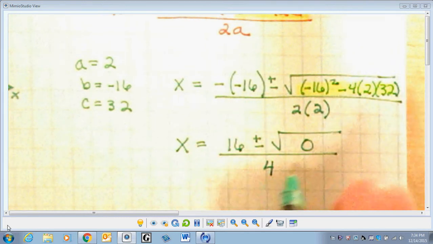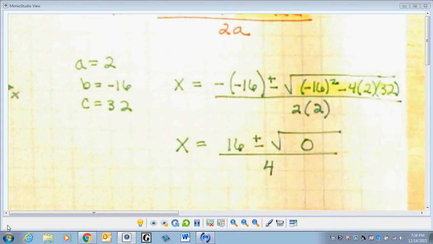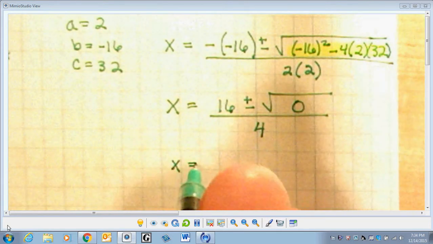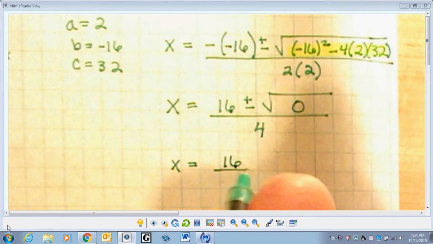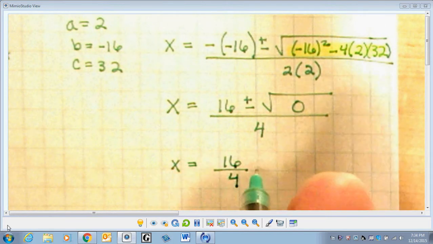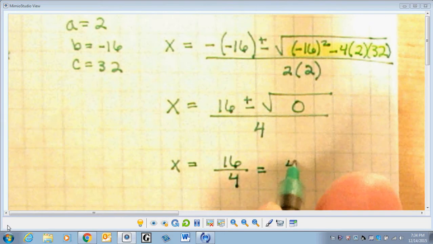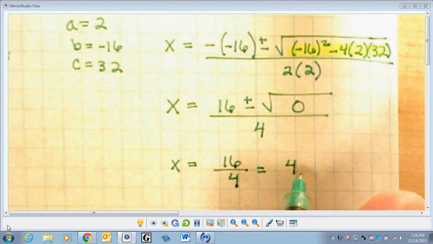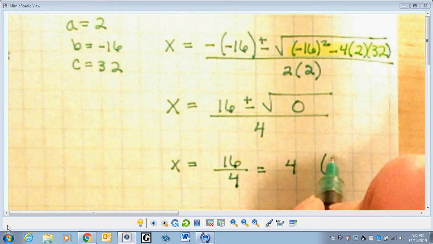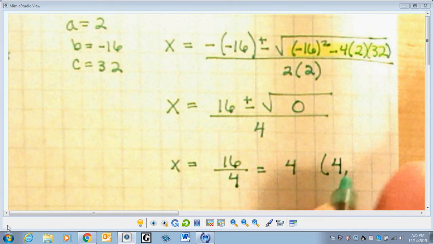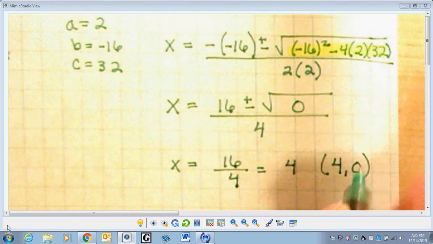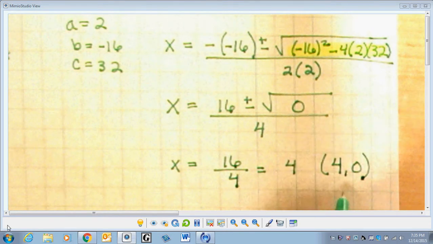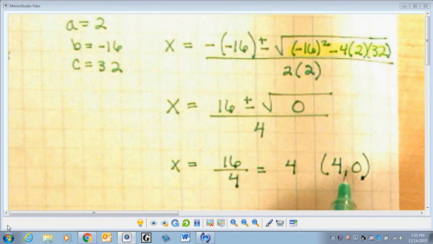So if I simplify this, I simply get x is equal to 16 divided by 4, which is the same as 4. So x is 4, y is 0. So my root is at (4, 0). Okay? So notice when I got 0 under the radical, I simply got one double root.